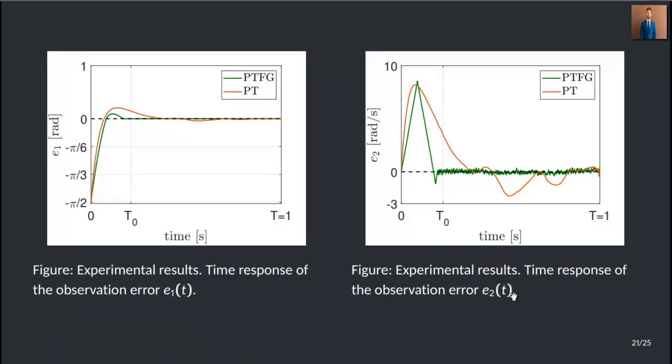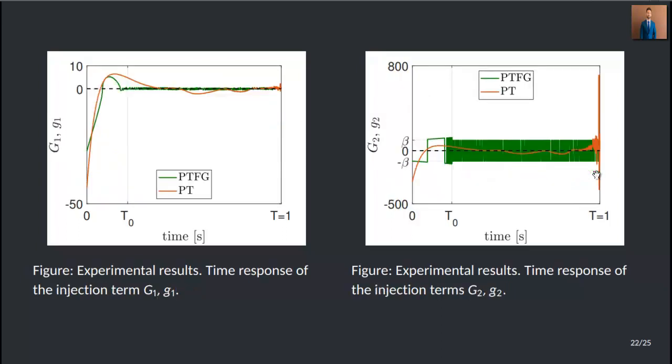In this slide, I'm showing you the observation errors. As can be seen, our observer converges at capital T sub 0. Meanwhile, the convergence of the observer from Holloway and Krstic is at the final time capital T, as can be seen better in this observation error figure.